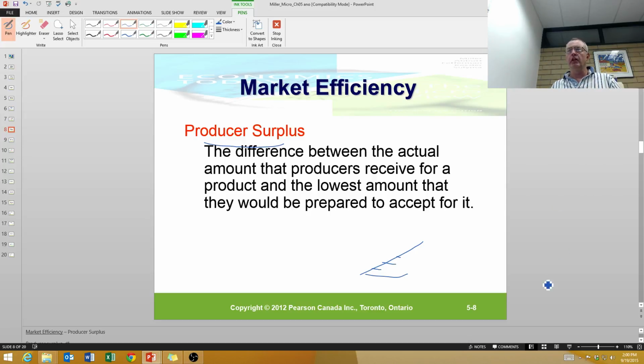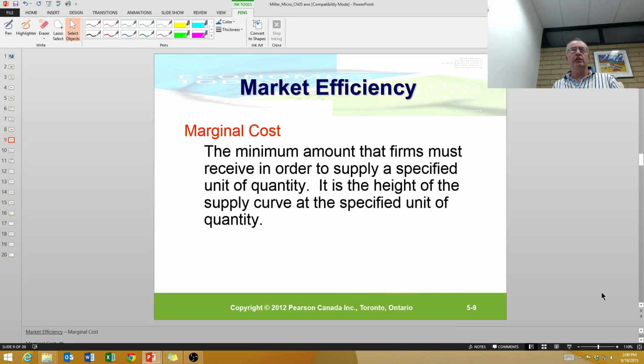And it's based on the concept of marginal cost, and we will come back to this in subsequent chapters, but the supply curve is the producer's marginal cost curve.